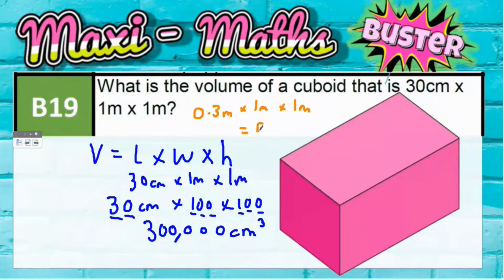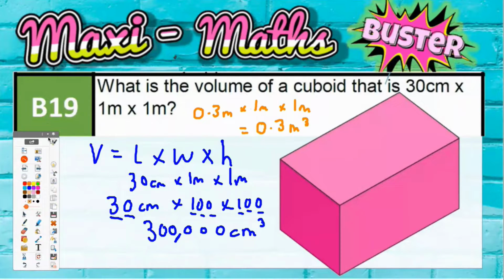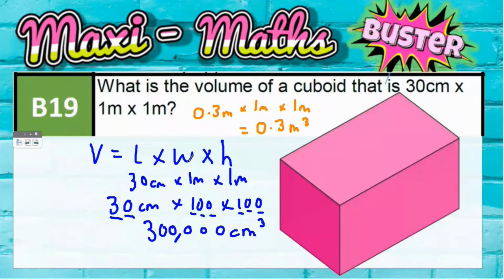So you would call that 0.3 meters cubed. Now, although there seems a huge difference between these, 0.3 meters cubed and 300,000 centimeters cubed are actually equivalent.